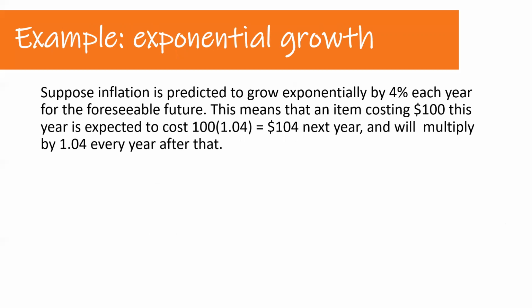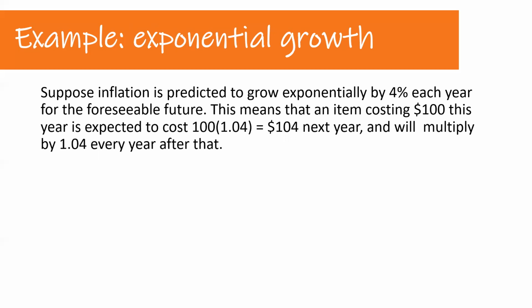So suppose inflation is predicted to grow exponentially by 4% each year. This means that an item that is $100 this year will cost 100 times 1.04 next year. And every year after, it's going to continue to multiply that final answer by 1.04.